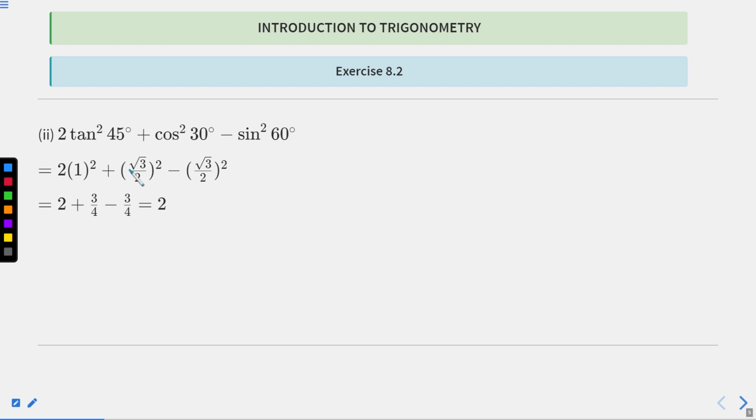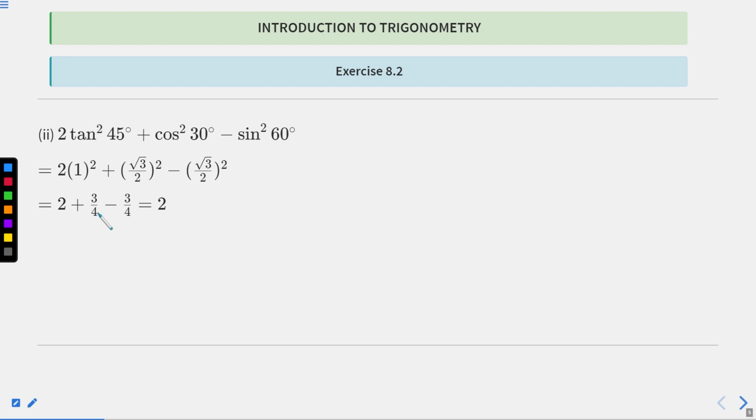Now if we substitute these values in the expression, we get 2 times 1 square plus root 3 by 2 whole square minus root 3 by 2 whole square. Simplifying, this is 2 plus 3 by 4 minus 3 by 4. The plus 3 by 4 and minus 3 by 4 cancel out, and this is equal to 2.